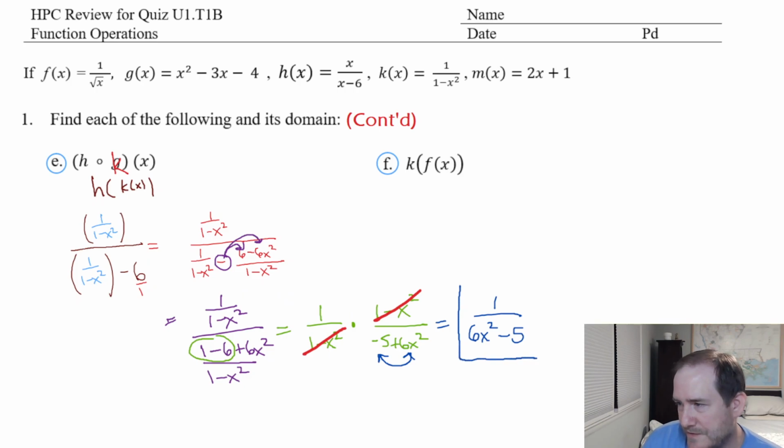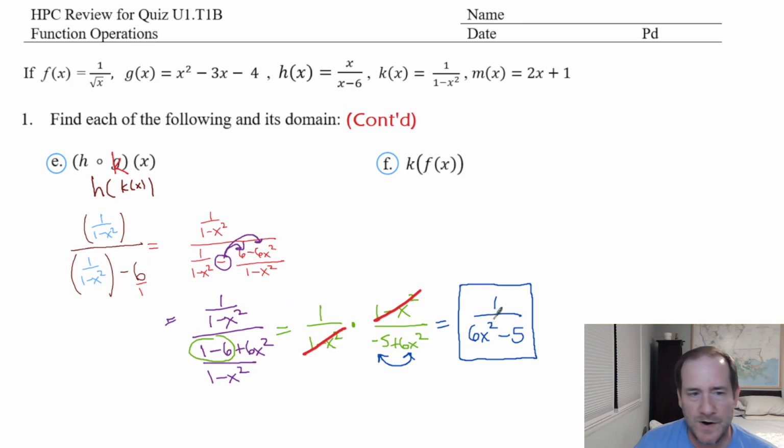I'm going to tentatively put a box around this, although my heart is already screaming out that there's going to be domain restrictions that we need to list. The fact that 1 minus x squared canceled out, well, that would be 0 at 1, wouldn't it? That seems to me like that's going to be one of these non-obvious domain restrictions that we need to actually sweat. Okay, but for now, hopefully you at least understand where this function rule came from. Here's the rule.